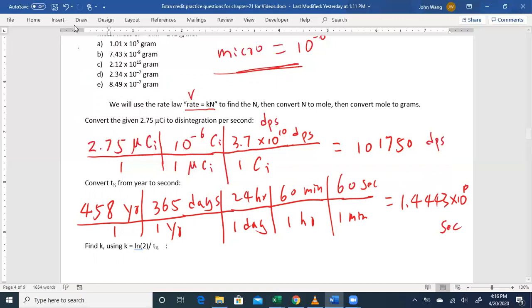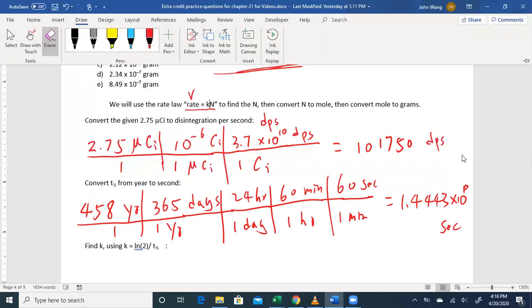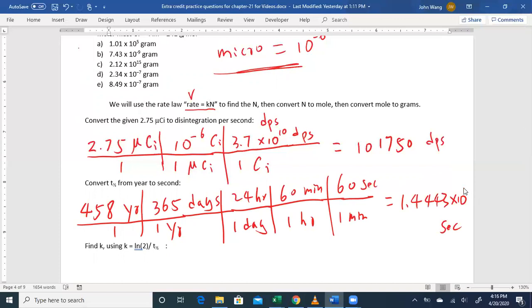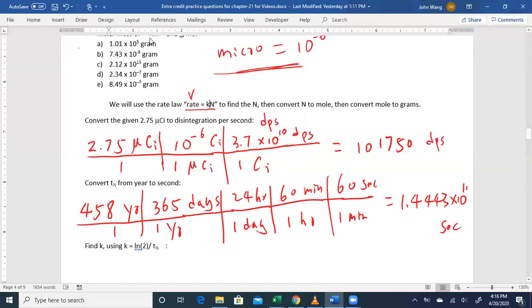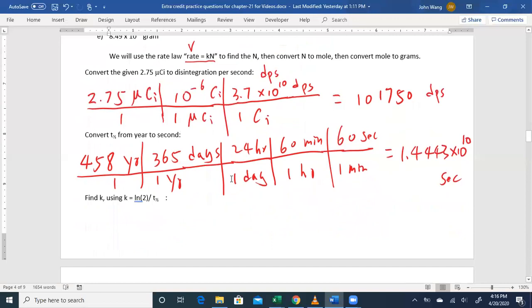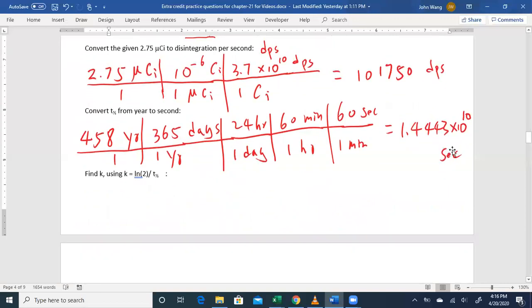Okay, so let me rewrite that on the right. All right, so now we can use this half-life in seconds to find out K. It will be per second. Therefore, K equals ln 2, a number coming from a logarithm function that has no unit, divided by t 1/2, which is the half-life.